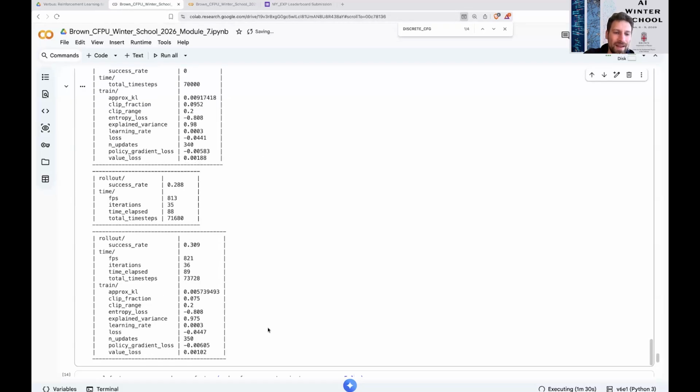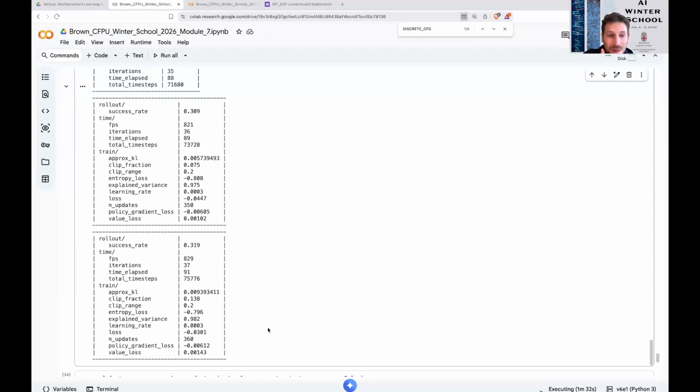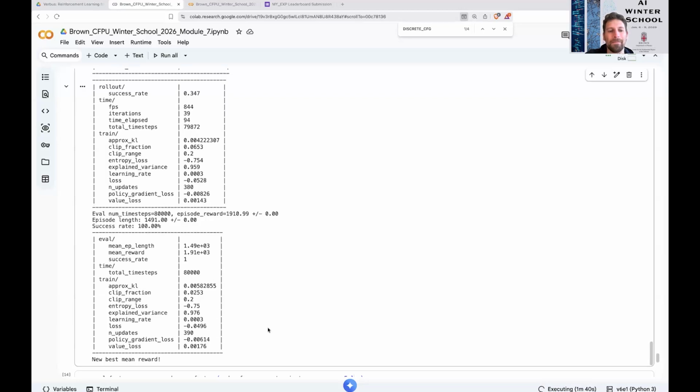In practice in industry, if you were really doing something with RL here, you would just throw a lot of compute at it to find the right hyperparameters.